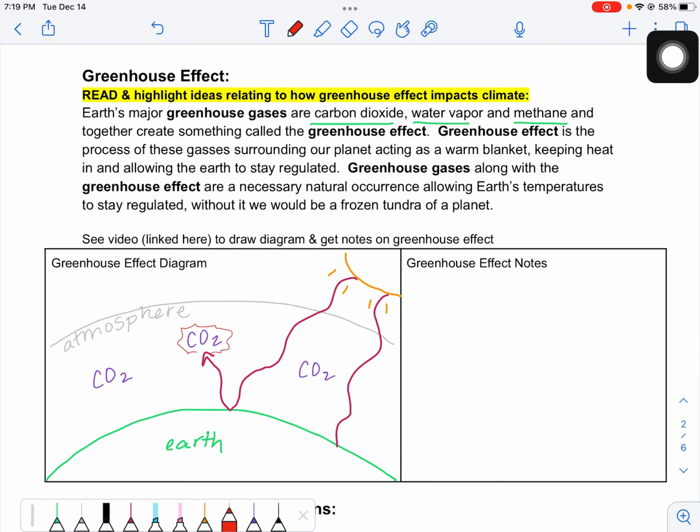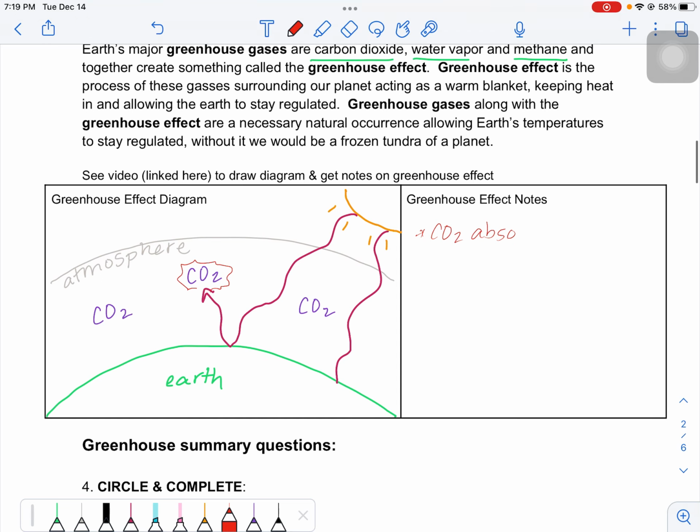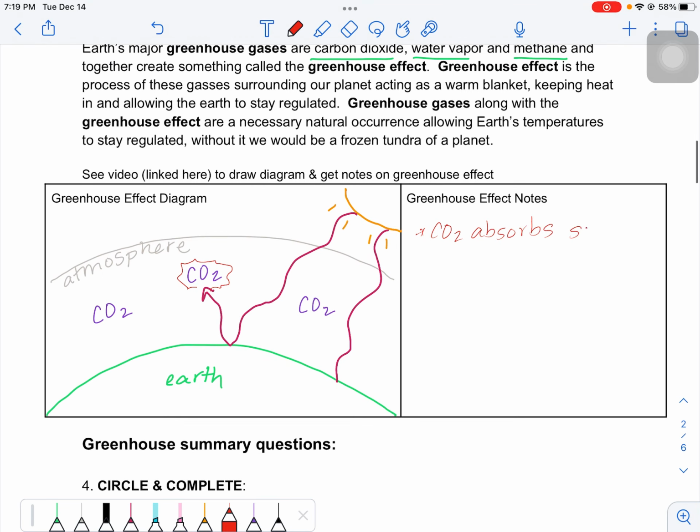So one of the things we want to think about over here in our greenhouse effect notes is: CO2 absorbs reflected solar radiation, which keeps heat in. And it's keeping it in the atmosphere.